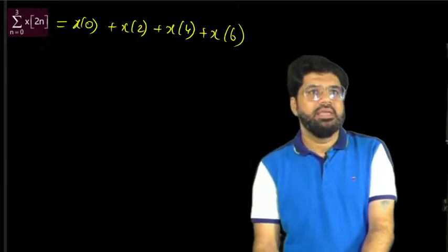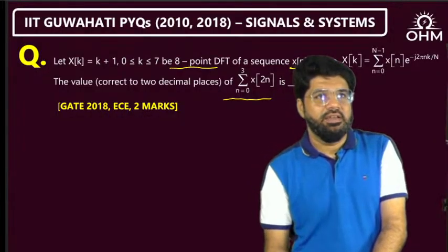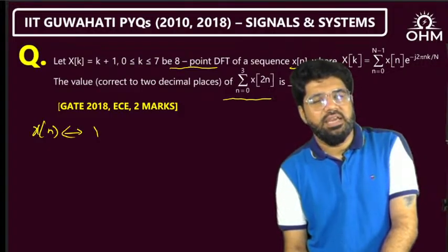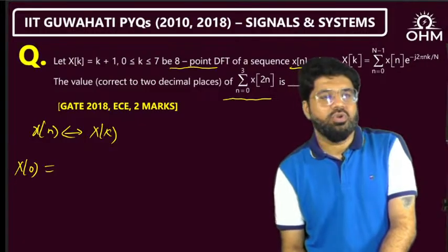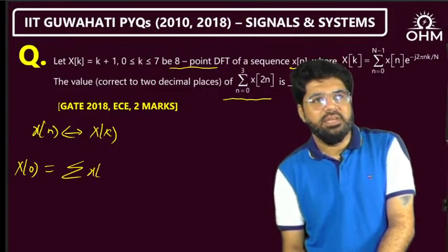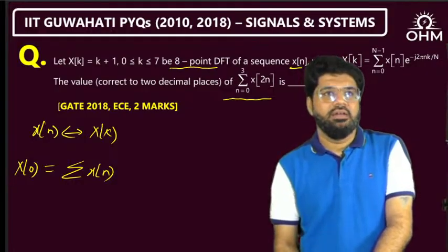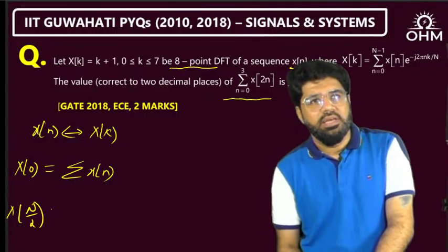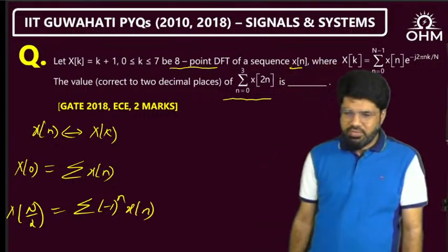But if you use the basic property of the DFT, xn has the DFT Xk, where X of 0, the first ordinate, is always given by summation of xn for all values of n, and the central ordinate X of N by 2 is given by summation of minus 1 power n into xn.